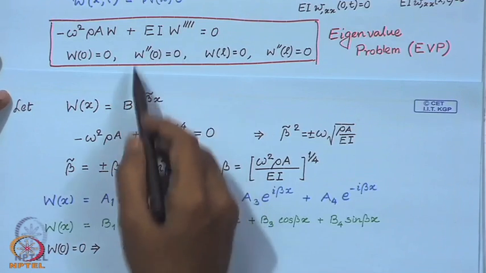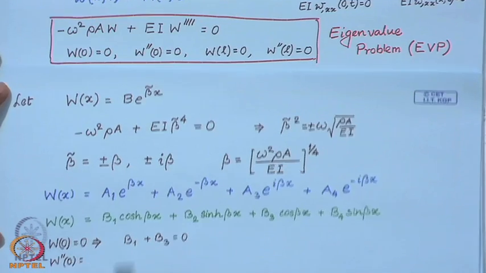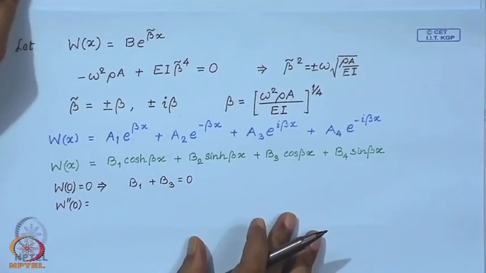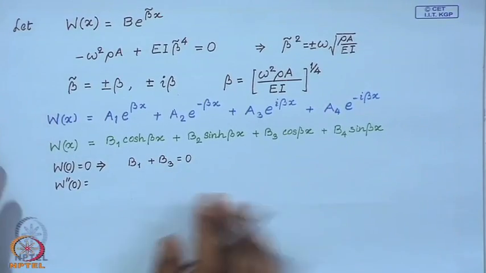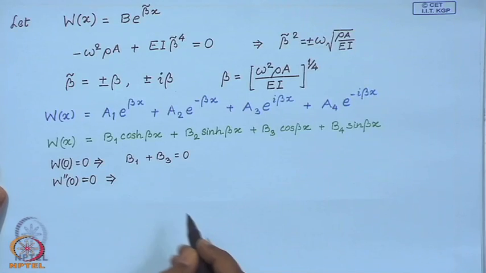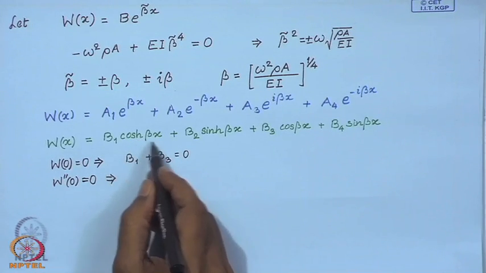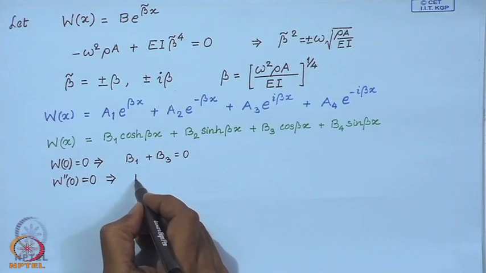If you use the second boundary condition, then this will get differentiated 2 times.